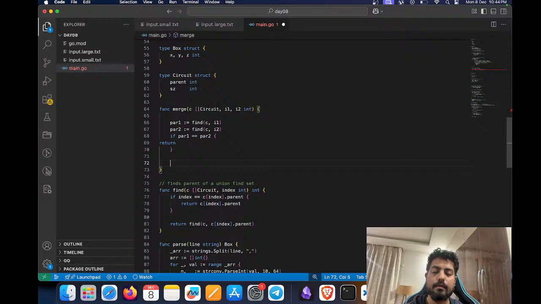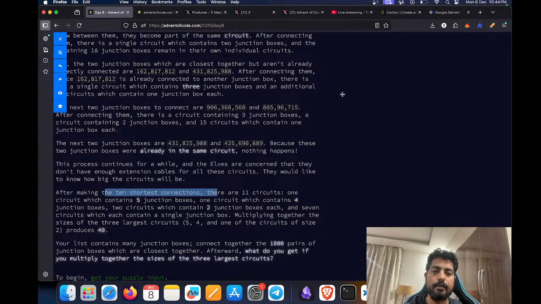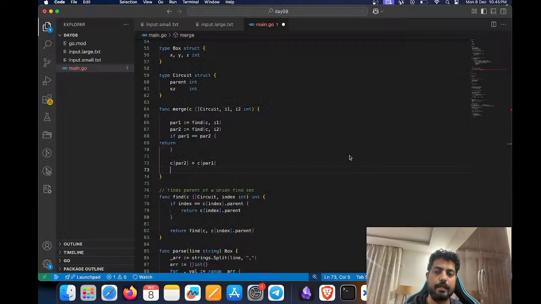If not, then the second circuit becomes part of the first circuit. Basically, if we have two different circuits and our parent is here at the top, then the parent of this circuit becomes the one here, and we add the size of the second one here.